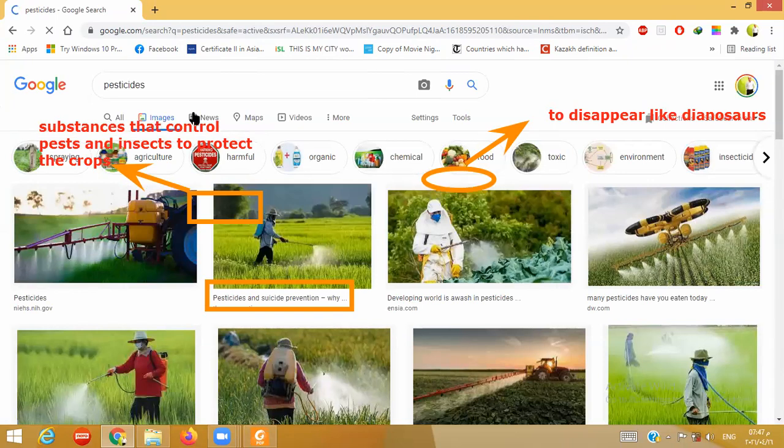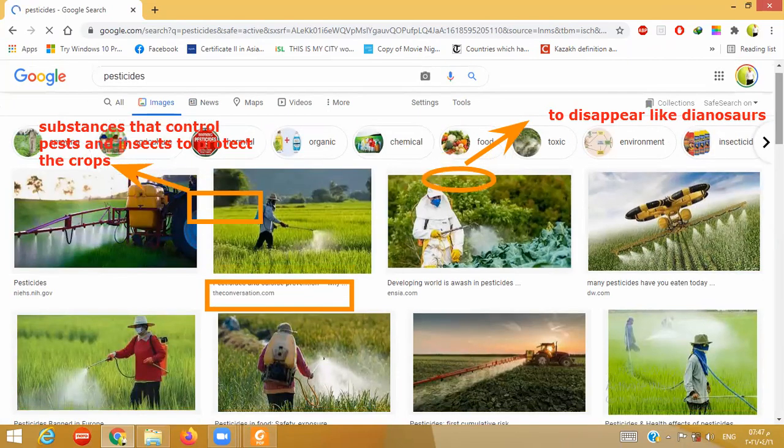Yeah. So look here at the picture. What do you see? Those are farmers throwing pesticides on the crops. And here is an airplane spraying pesticides over the crops.